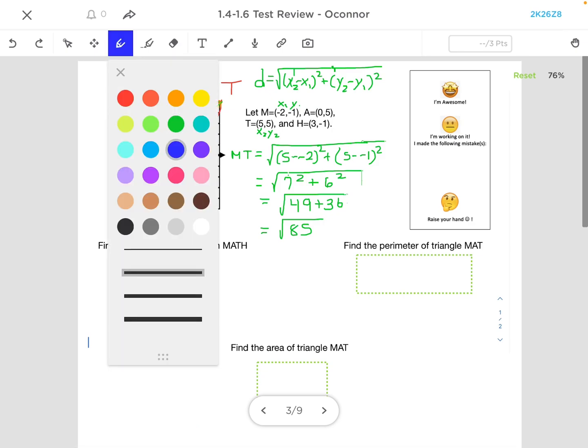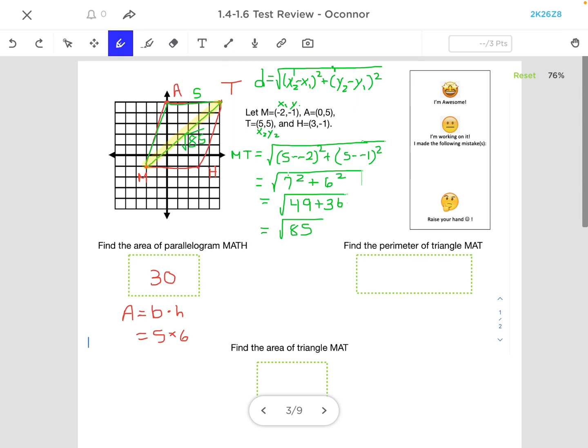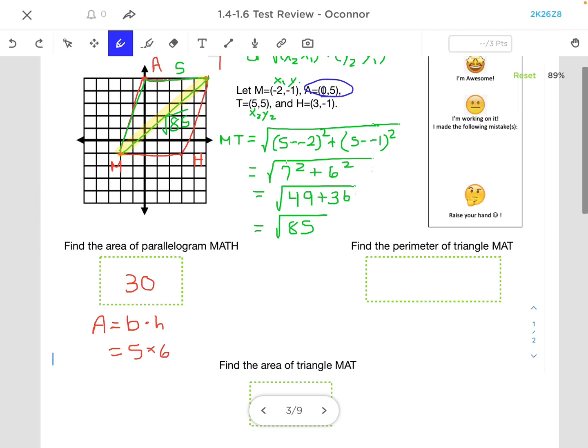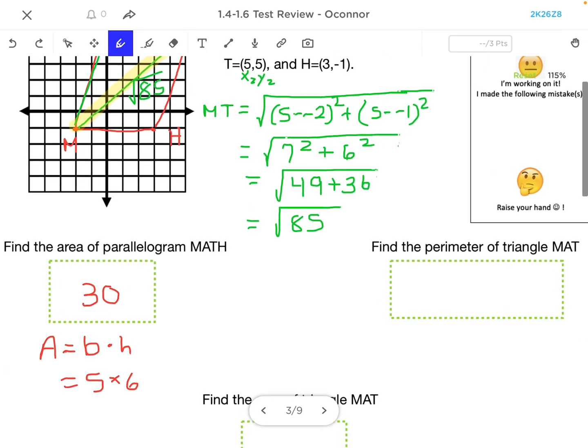Now we also need to find the length of AM. So to find AM, I'm going to again use the distance formula. So I'm using A is 0, 5 and M is -2, -1.